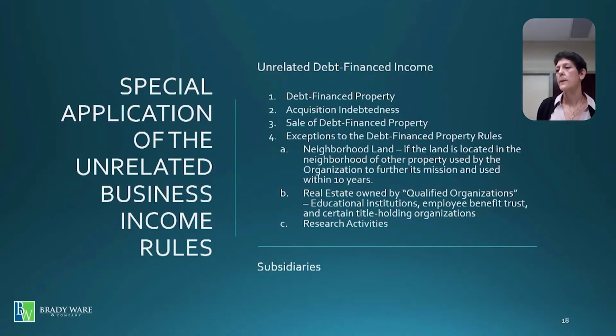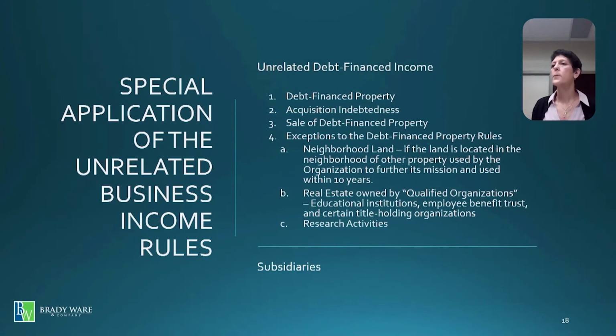Real estate owned by qualified organizations, which are educational institutions like your schools, employee benefit trusts, and certain title holding organizations. And then again, research activities are exempt if they're debt financed.